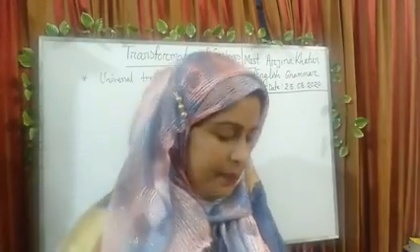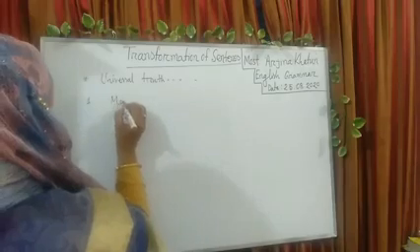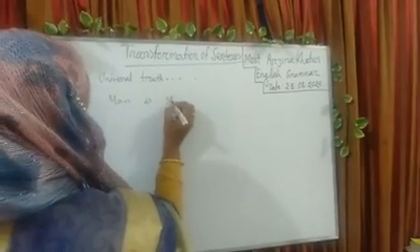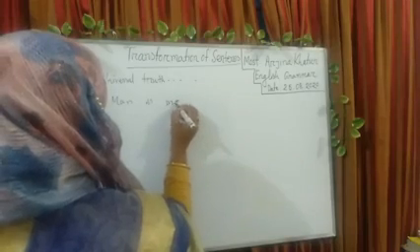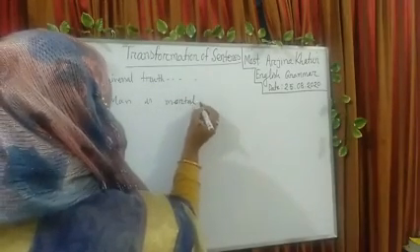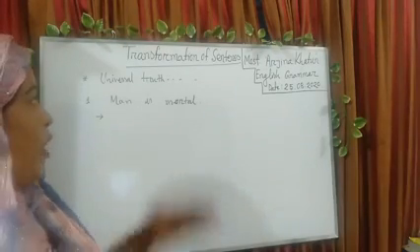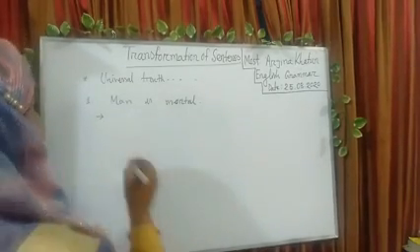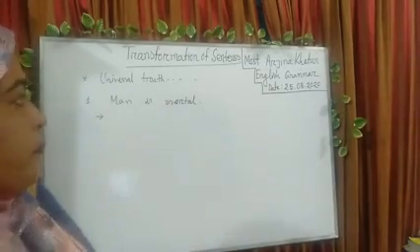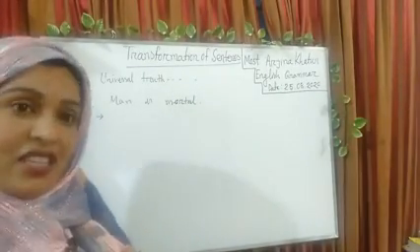Suppose I give an example. Man is mortal. It is a sentence of universal truth. Dear learners, obviously we change its form but not its meaning.